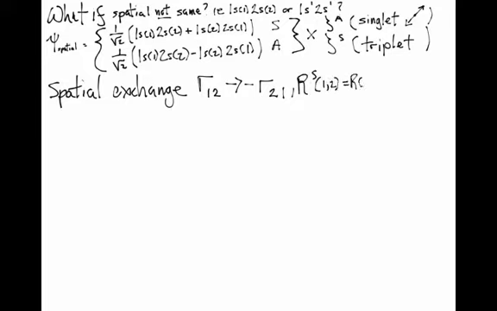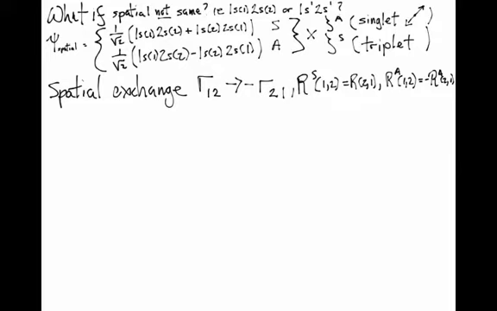And so if I have a symmetrical exchange in this radial part of the wave function, just with respect to r12, the distance between the two electrons, then if I exchange them, I'm going to get the same function. So the radial wave function R of r12 is going to be equal to R of r21 when I change the coordinate. And if it's antisymmetrical, it's going to change sign. It's going to be the opposite sign.